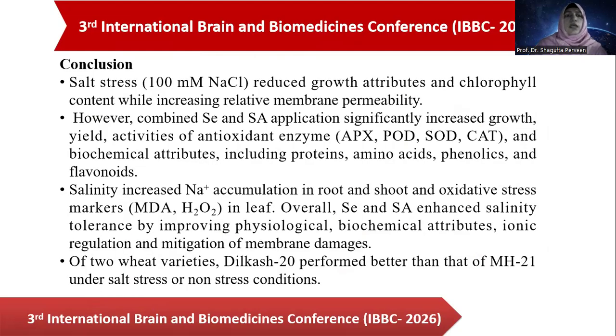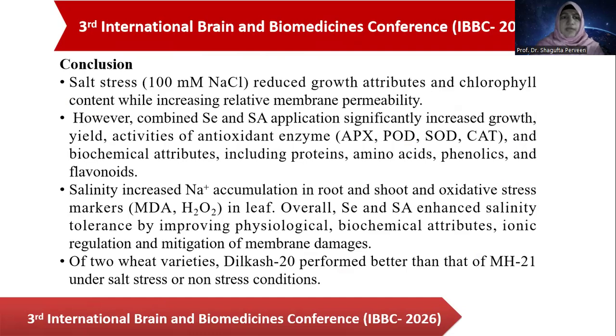In conclusion, salt stress of 100 millimolar NaCl reduced growth attributes and chlorophyll contents while increasing relative membrane permeability. However, combined selenium and salicylic acid application significantly increased growth, yield, activity of antioxidant enzymes like ascorbate peroxidase, superoxide dismutase, catalase, and other biochemical attributes including protein, amino acids, phenolics, and flavonoids.